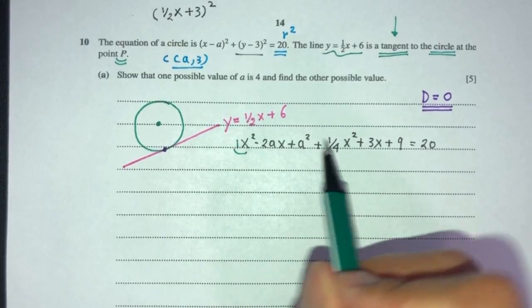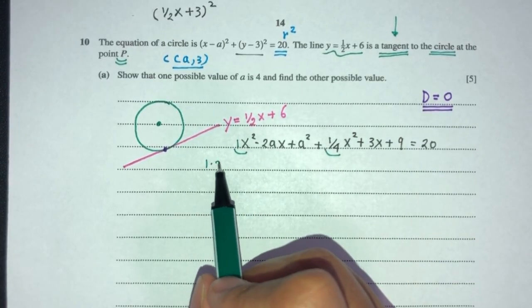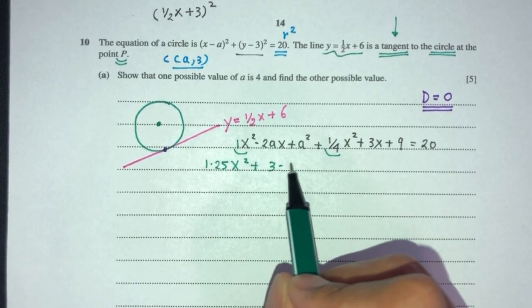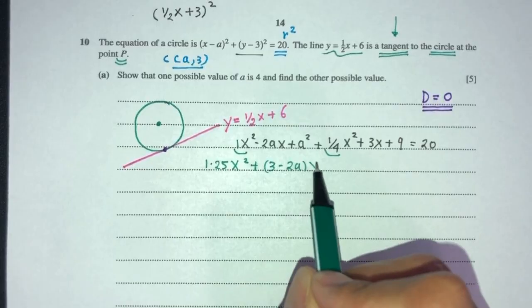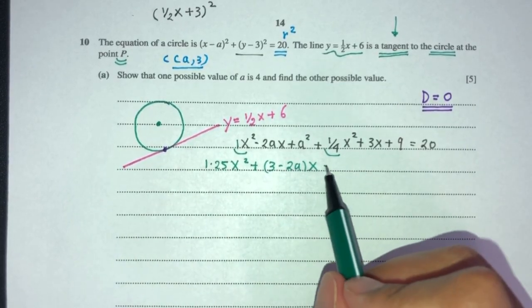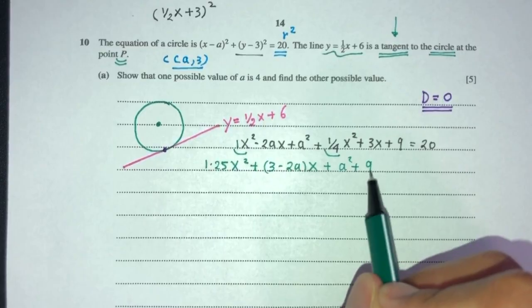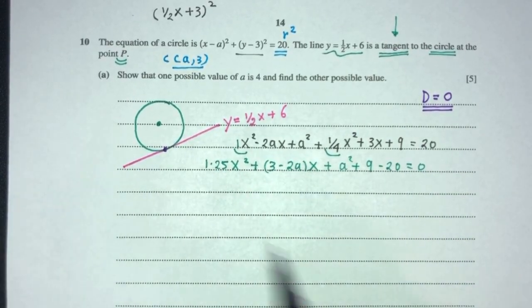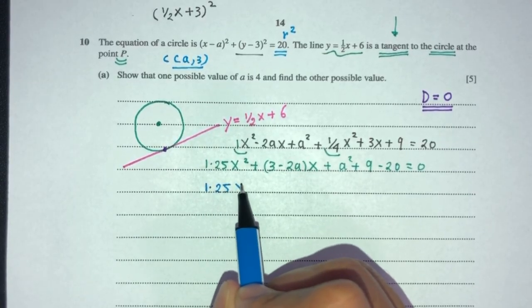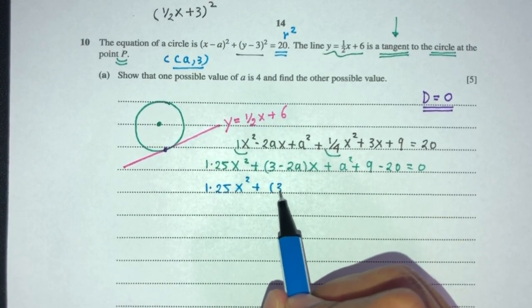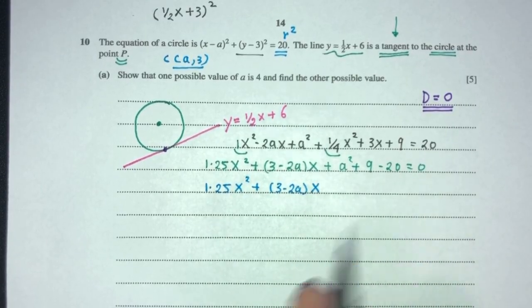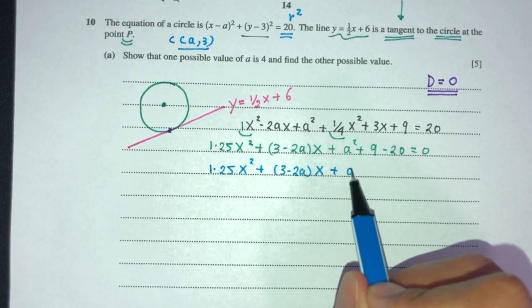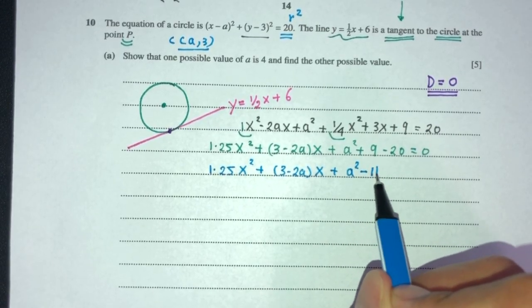Here we have 1 plus 1/4, that should become 1.25 x squared. And then here we have plus 3 minus 2a, factorize the x outside, here you go. And then finally you will have plus a squared plus 9 minus 20, that will be 0. Now simplify, that will be 1.25 x squared plus (3 minus 2a)x, and here plus a squared minus 11 is 0.